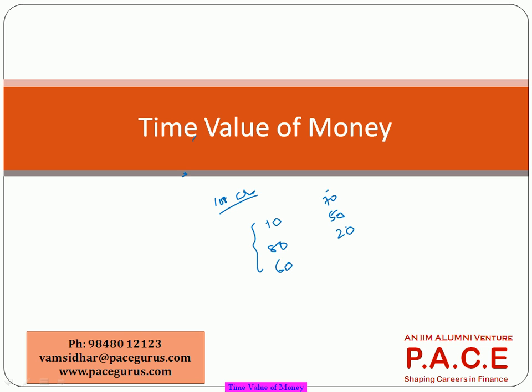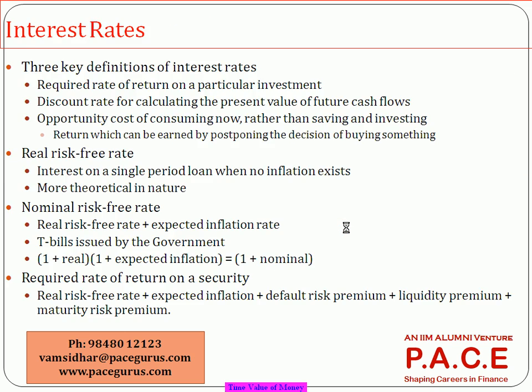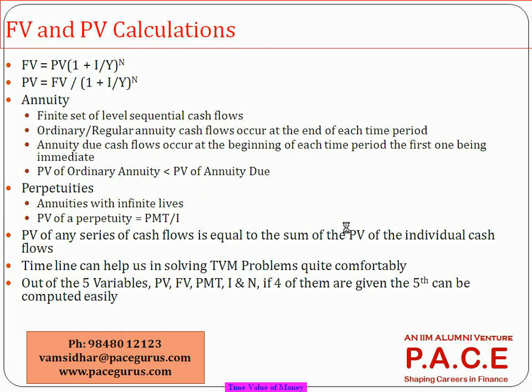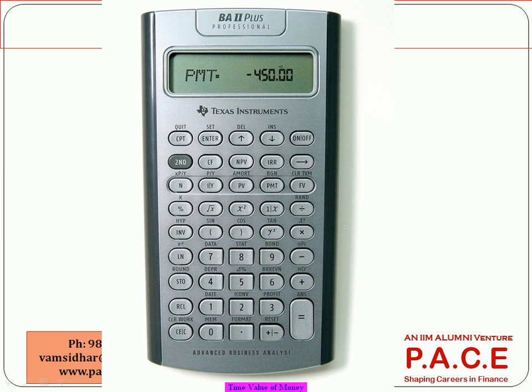But at the same time, the financial calculator has specific buttons which will do time value of money calculations. There are a lot of buttons present in this financial calculator. This is what I was talking about, the BA2 Plus Professional version.